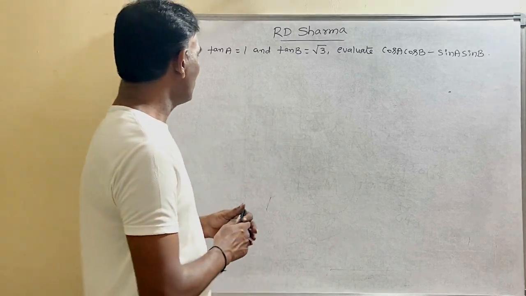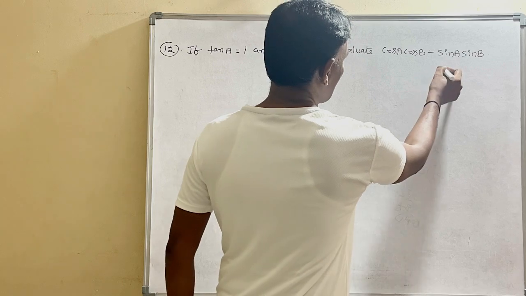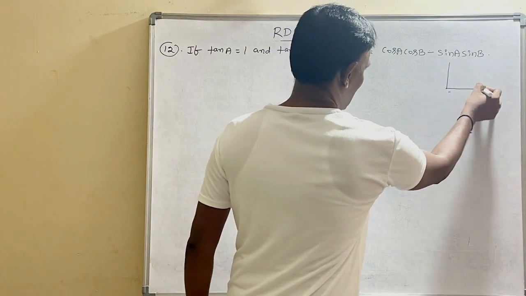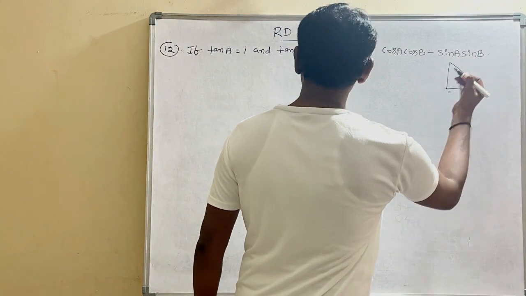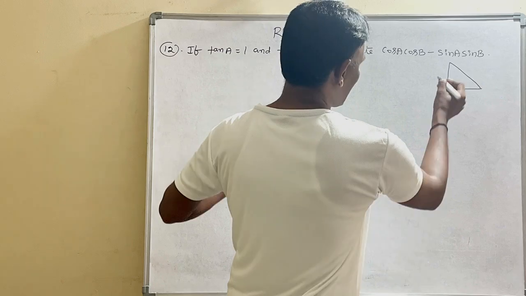Okay. Now, this is one of the right angle triangles, and here A is an acute angle.